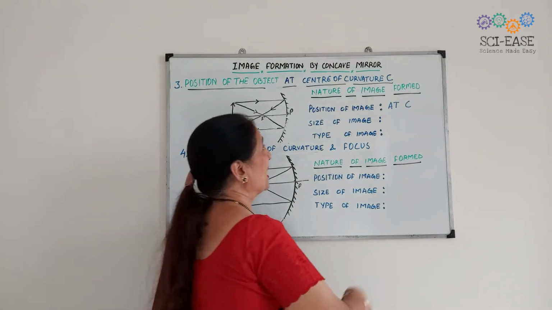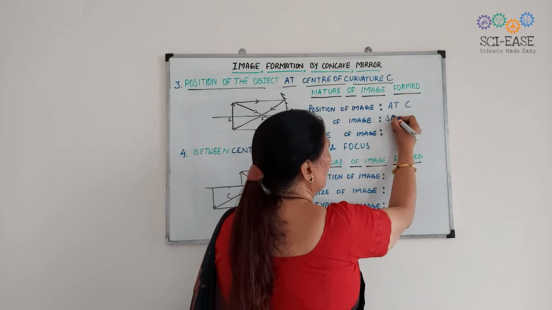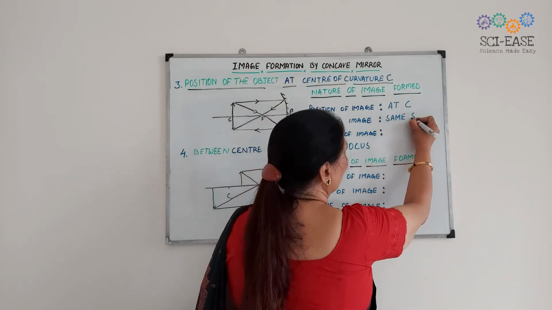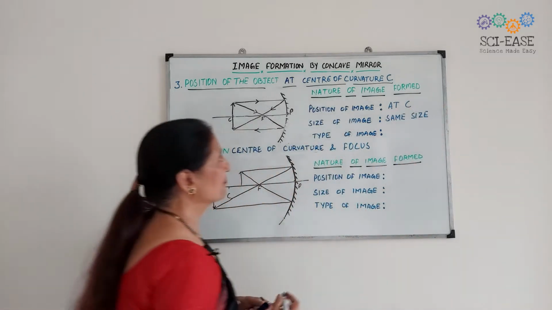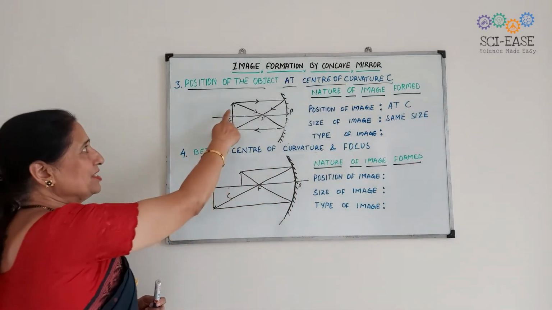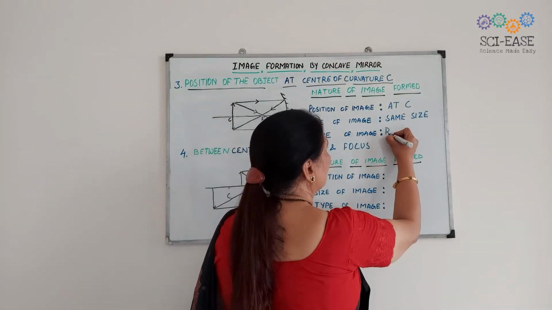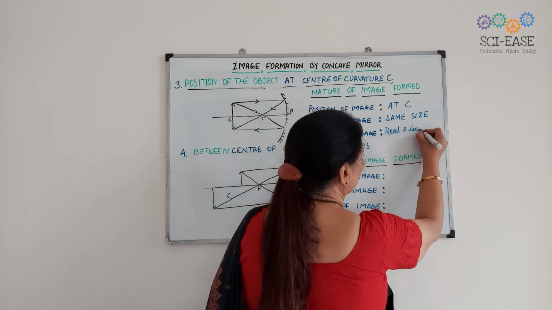So you will write: same size, the image is of the same size as that of the object. And the type of the image is real and inverted.